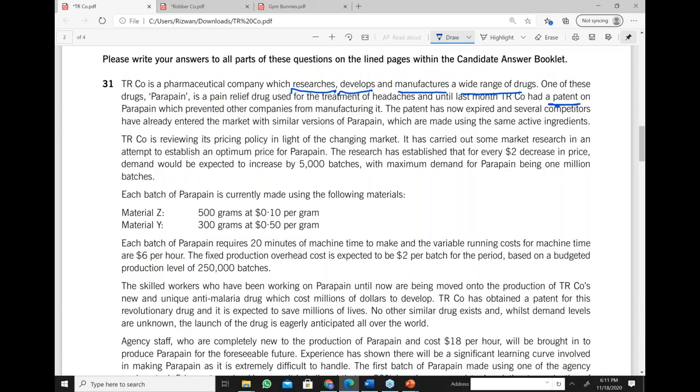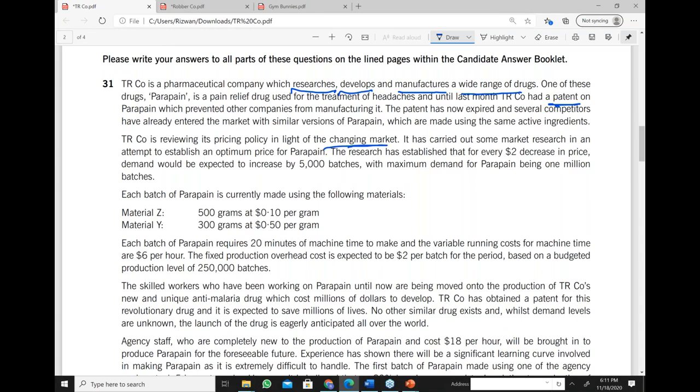The patent has now expired, and several competitors have already entered the market with similar versions of paraffin, which are made using the same active ingredients. TR company is reviewing its pricing policy in light of changing market.